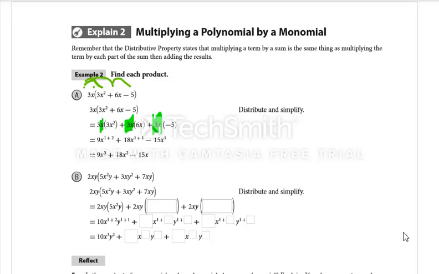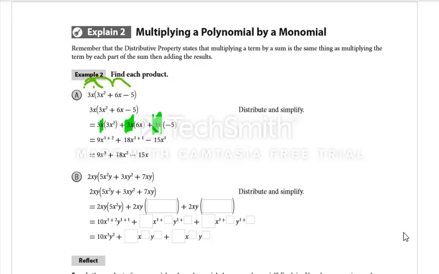Multiply the x's, add the exponents because we are multiplying, and we should get 9x cubed plus 18x squared minus 15x. So again, it's important to remember to multiply the front numbers like they're just regular numbers. Add exponents only on like bases.